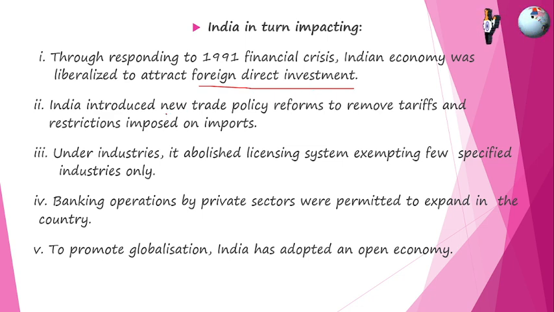Now the next is that India introduced new trade policies. At that time, India opened new trade policies to remove the trap and restrictions over imports. Before 1991 there were some rules that restricted imports into the country, but after 1991 the Indian government made a new trade policy through which it was easy to import goods and services from other countries.